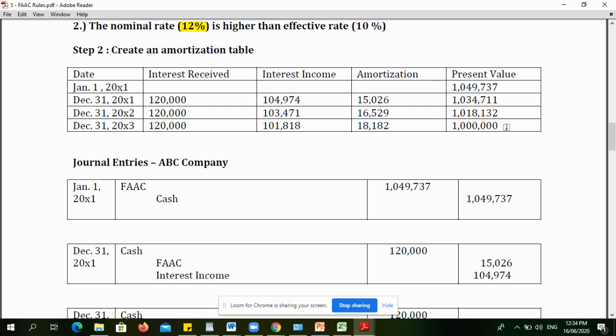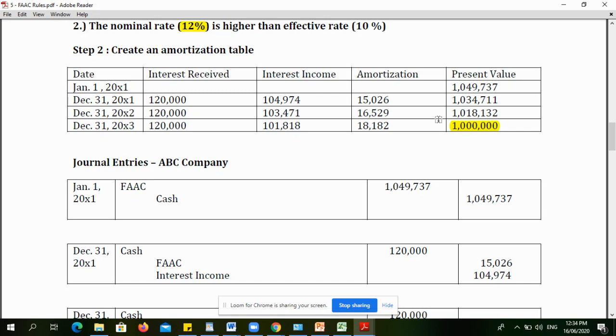Okay, ito ang isipin nyo. Pag premium siya, ang goal natin, mapababa siya to the face amount. Ang goal natin, from 1,049,000, at the end of the period, magiging 1 million na lang siya.